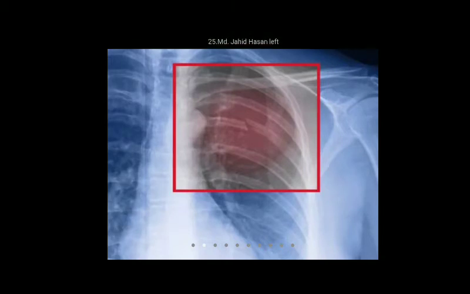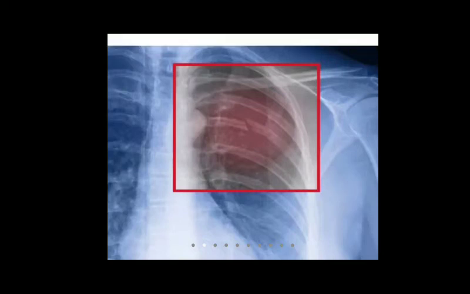So what is the boundary of the triangle of safety?